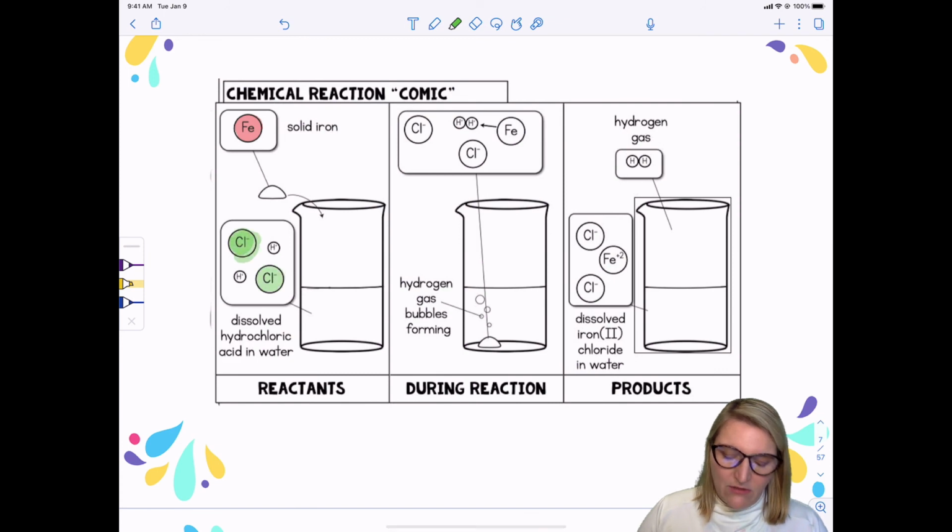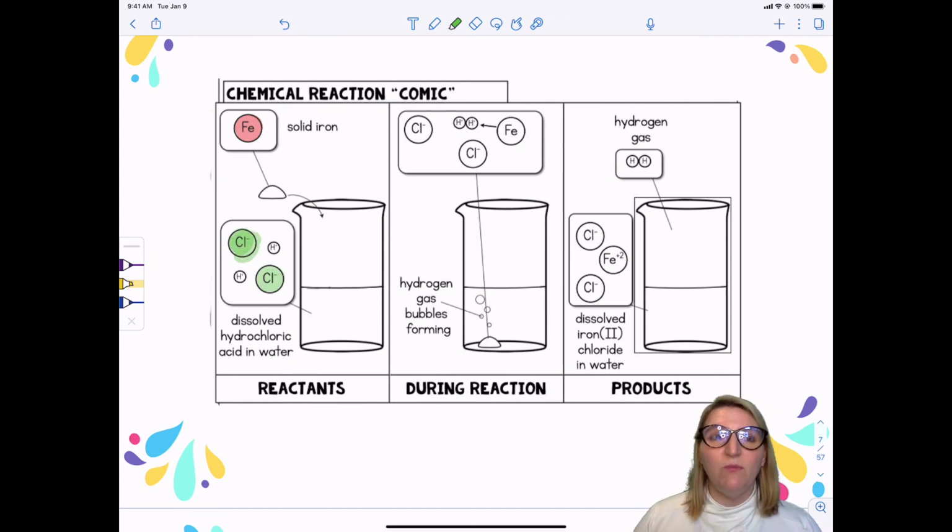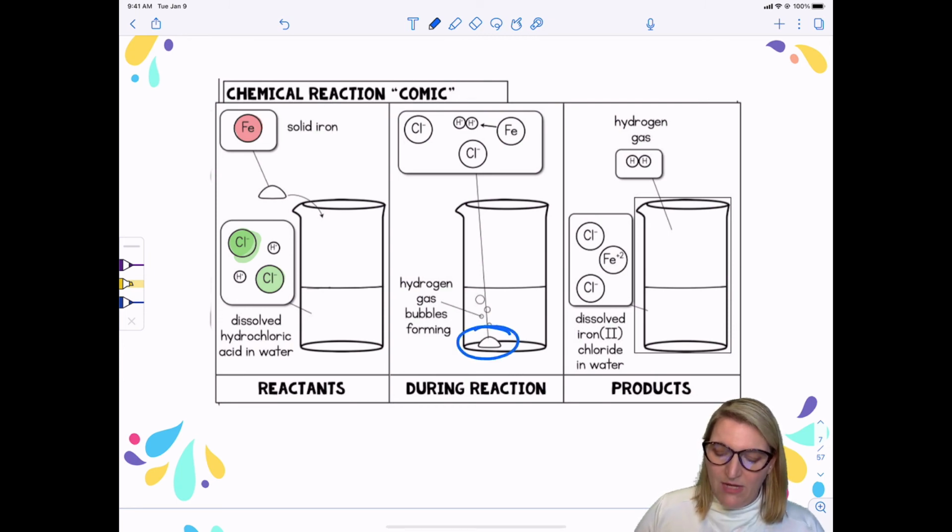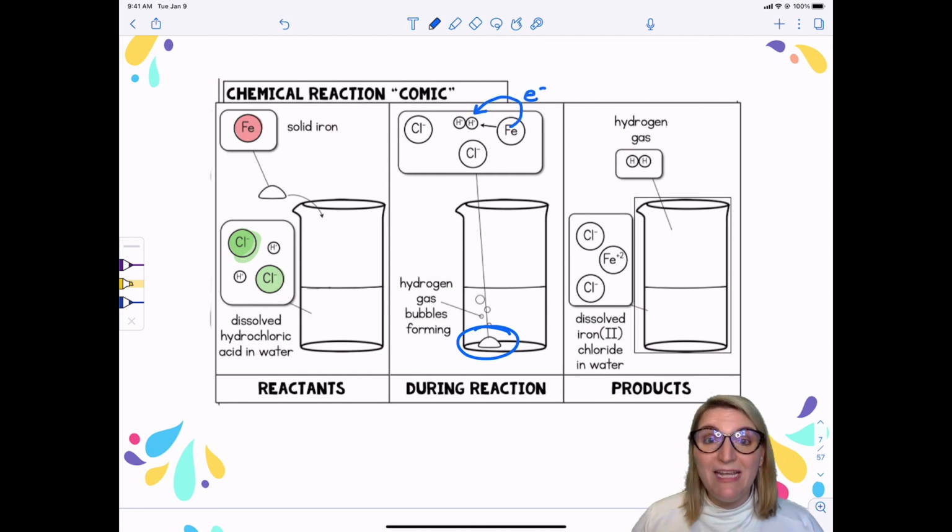And HCl is a strong acid, which means that it's completely dissociated in water. So see how they're separate. And then what you notice is when we put the iron in, hydrogen gas bubbles begin to form. Because what's happening here is the iron, and we will learn this a little later on, is actually going to be giving its electrons to the hydrogen ions, making a molecule of hydrogen gas.